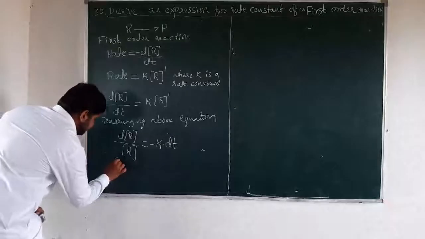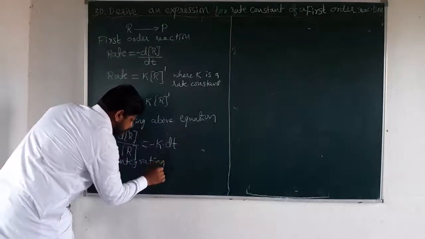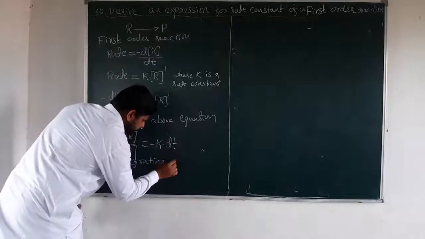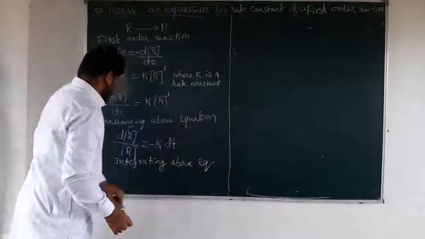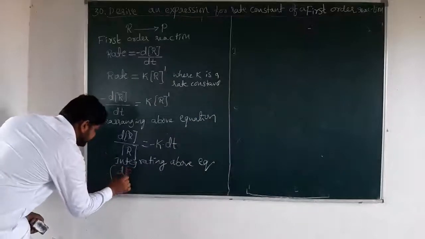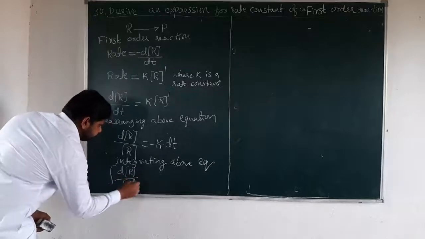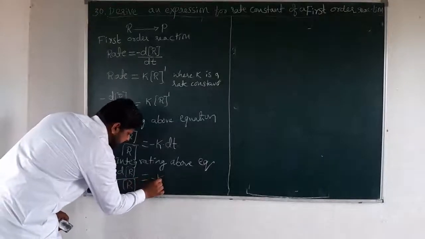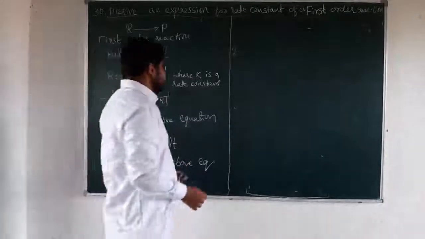Integrating the above equation, integration of dR by R equals minus K into integration of dt. Integration of a constant is the same.